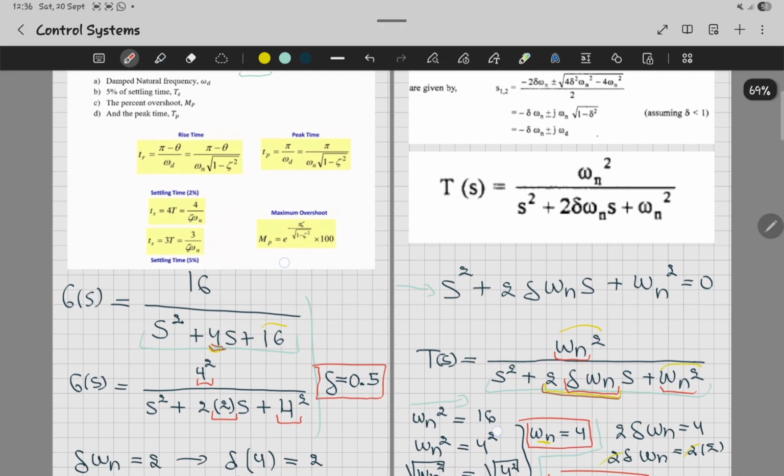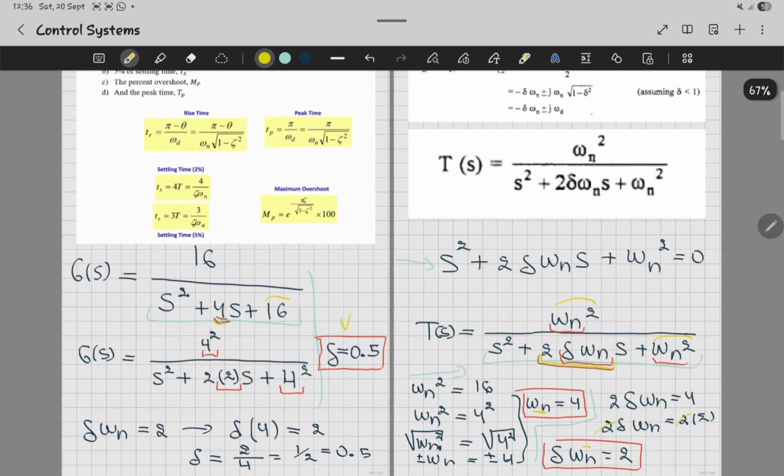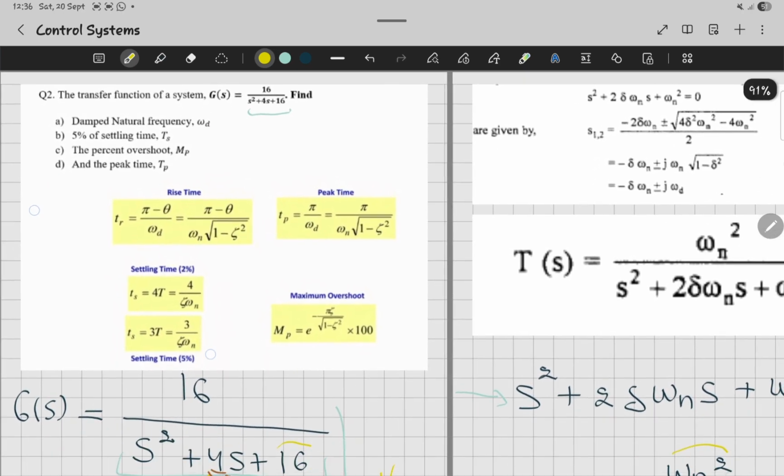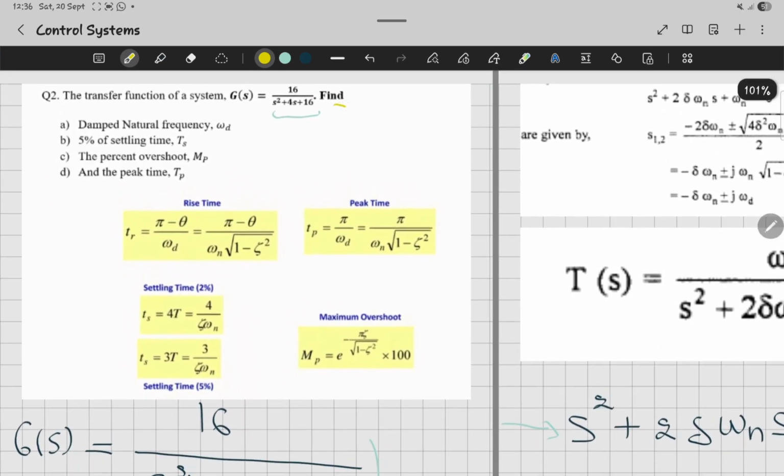Now we have obtained the damping ratio and the natural frequency, and we can go now and solve for this question. We'll be able to find the formula of the natural frequency. This is for the settling time, this is for the percentage of overshoot, and this is for the peak time, and all the formulas are here. We can just go and plug in.